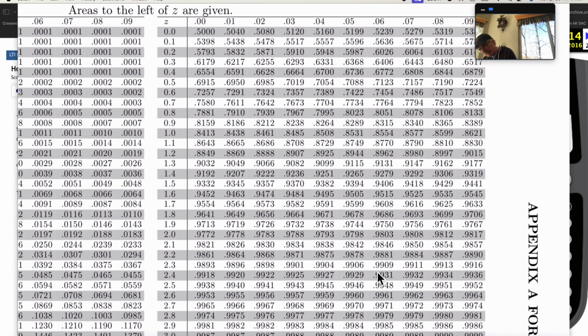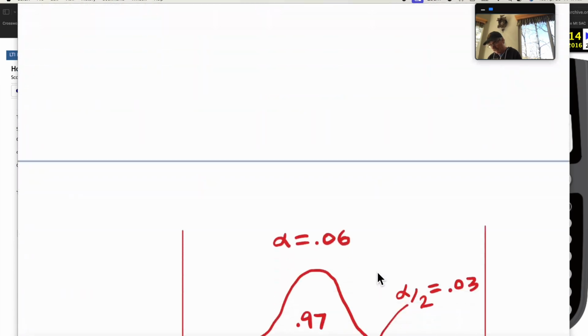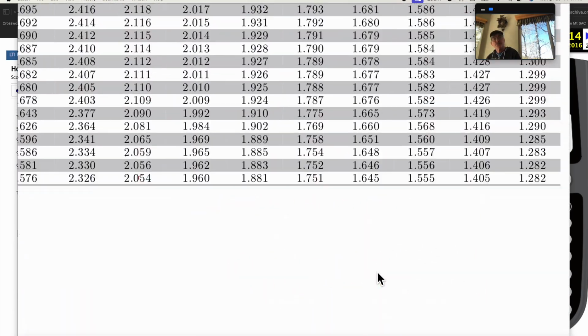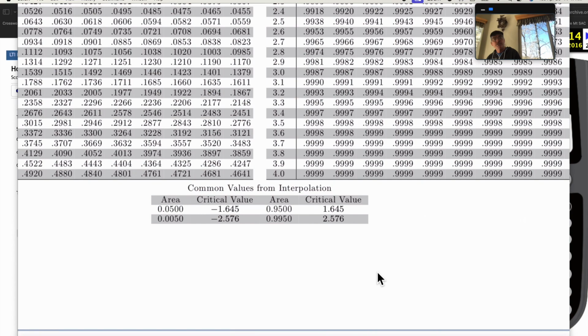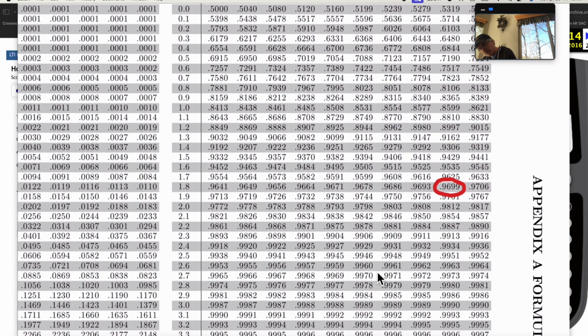I see a 0.9699. Okay, remember I was looking for 0.97 down here. So 0.9699 is really close to 0.97, and so it's just what's the z-score that goes with that. That's all you really need to do here.